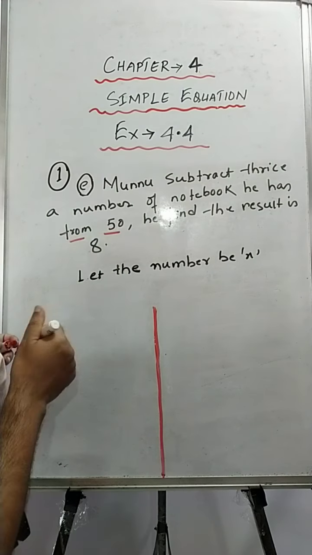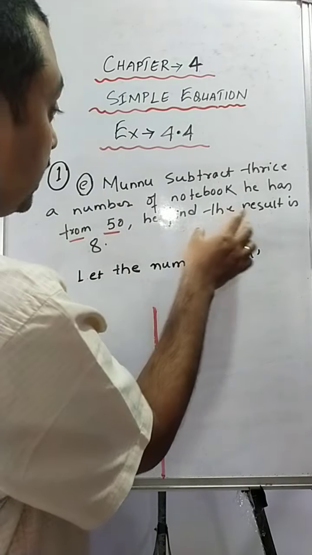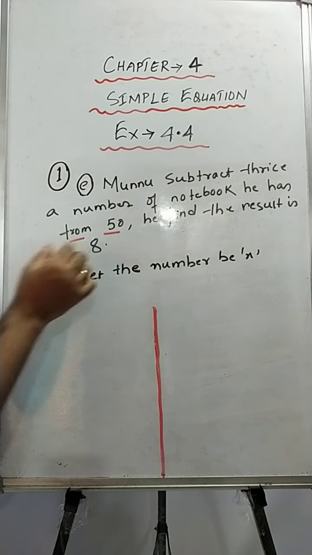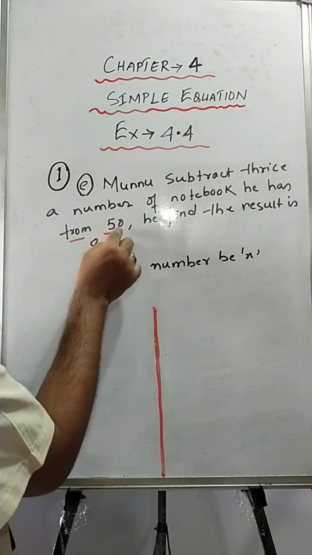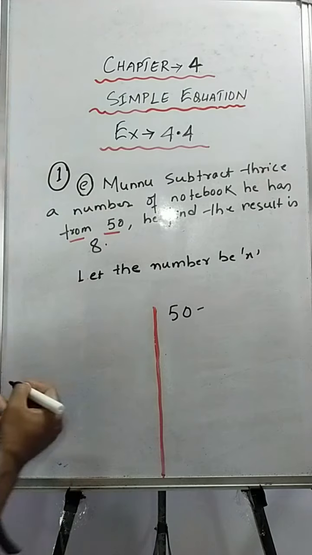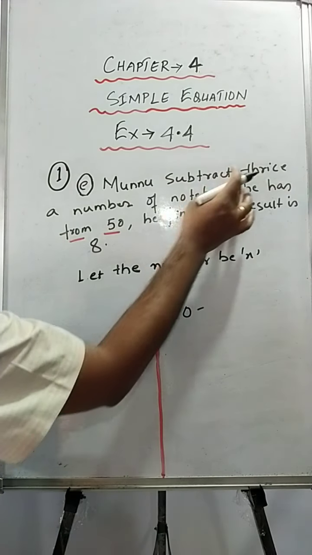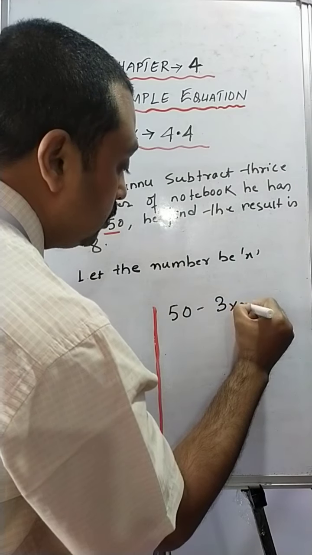And when he does this, he finds that the result is 8. So we have already assumed the number as x. Now you see from 50, that means you have to write 50 first. From this number you have to subtract what? Thrice a number. What is thrice a number? 3 into x.